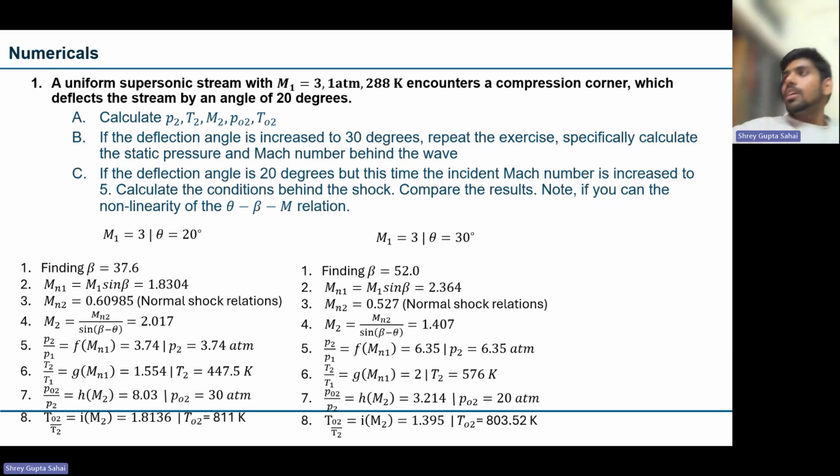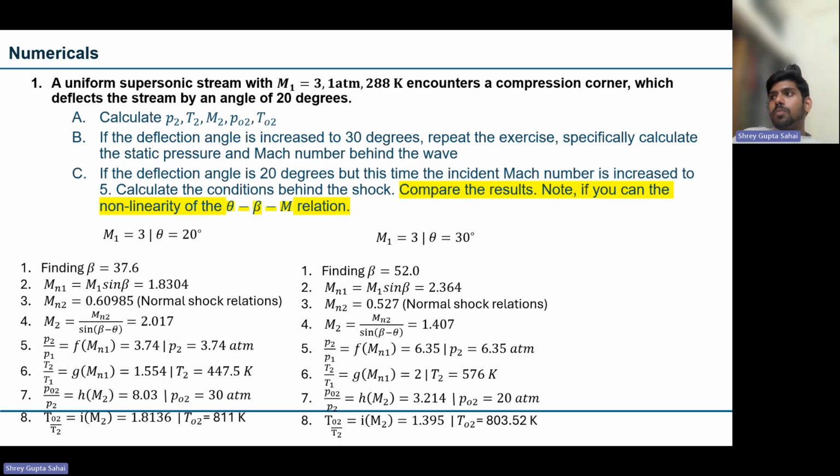Let's note the non-linearity in these relations. See, theta increased by 1.5 times. Did beta increase by 1.5 times? Let's see, 1.5 times 37.6 is 56.4, but beta remains at 52, so a little bit lesser.